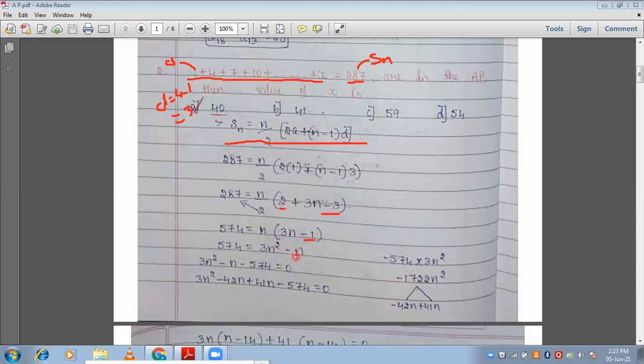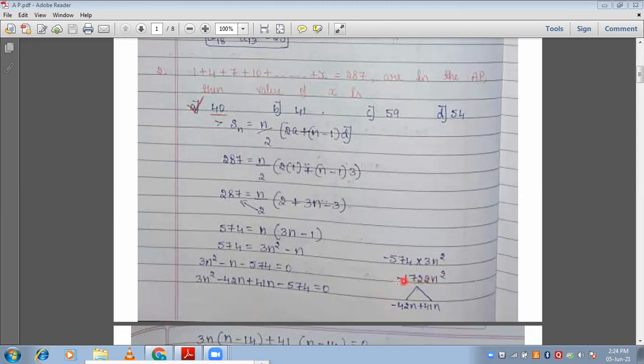Now write it in standard form: 3n square minus n minus 574 equals 0. Now do factorization. Multiply 3 into minus 574, which gives minus 1722.